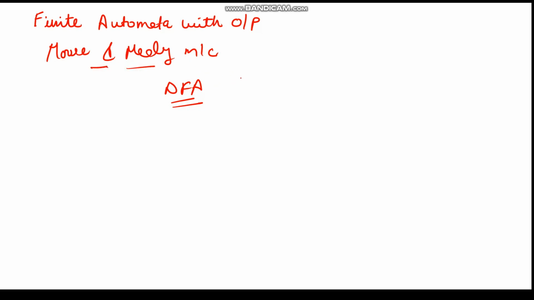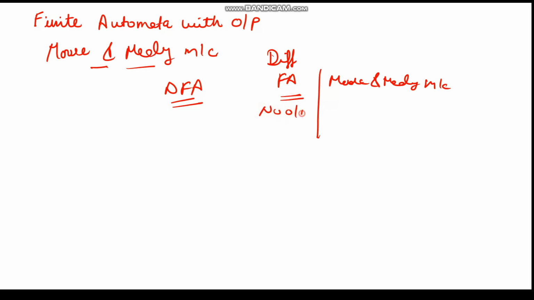Before proceeding further, let's discuss the difference between finite automata and Moore and Mealy machines. Finite automata have no output, and in Moore and Mealy machines we have output. So we can simply say finite automata produces no output.